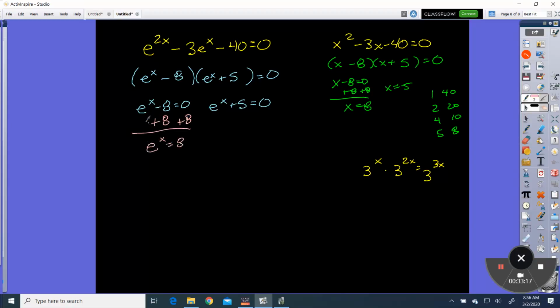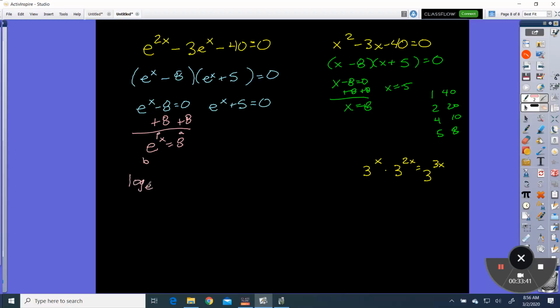What do you do when the variable is an exponent to solve? Rewrite it as a logarithm, okay? So anytime your variable is an exponent, rewrite it as a logarithm. This is the base, this is the power, this is the answer. Logarithms go log base.